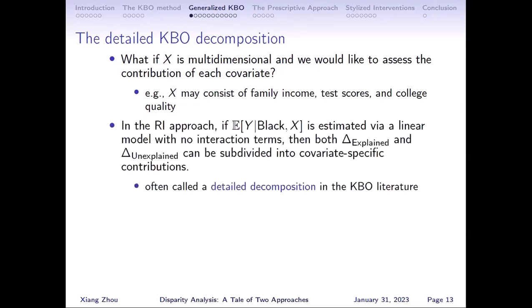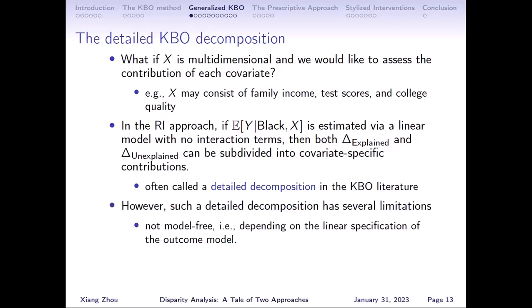Right? So in the regression imputation approach, if the outcome model is estimated using just a linear model with no interaction terms, then both the explained and unexplained components can be subdivided into covariate specific contributions. And this is often called a detailed decomposition in the KBO literature.